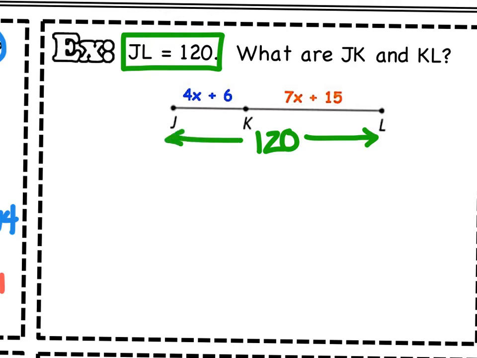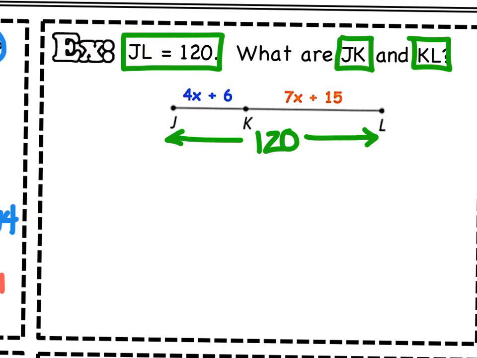So I'm going to go ahead and label that on my figure. Now, the next thing I'm going to do is make sure I read my question and figure out what it is that I'm trying to find. I notice that there's an x, so I'm probably trying to find x, but I also know that I am going to need to plug back in at the very end of this process to figure out what the length of JK and KL are.